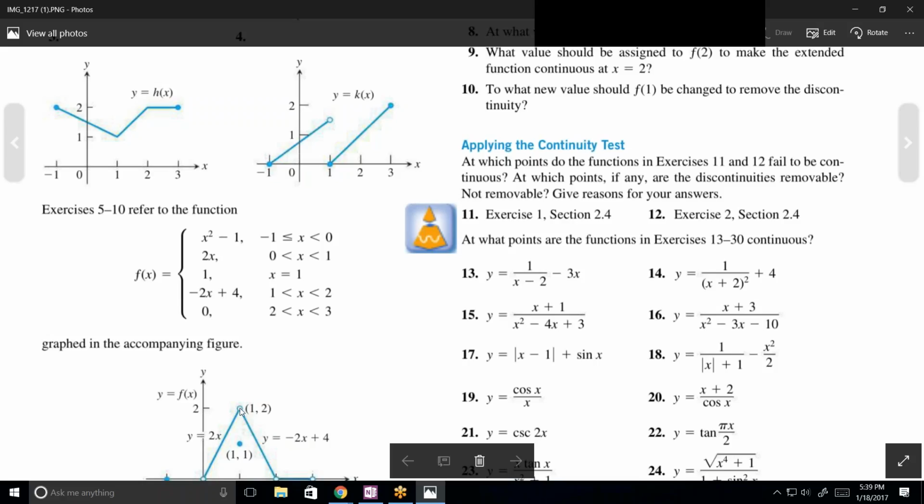You see why? Yes, because directly over 1. What if we approach 1 from the left? What's the limit? 2. Since they're both the same, what's the limit of this function as we approach 1? It would be 2. What's the value of the function at 1?